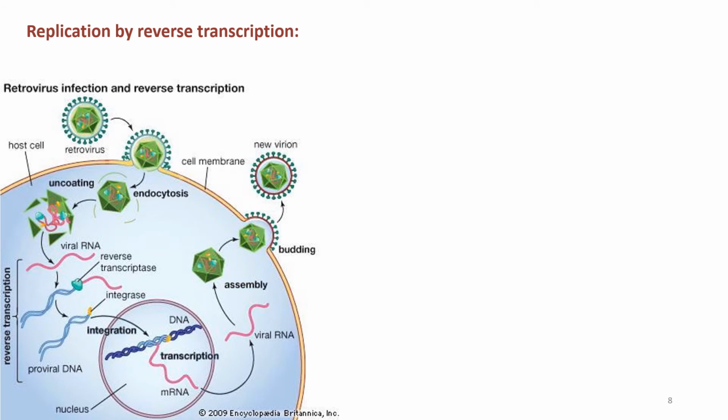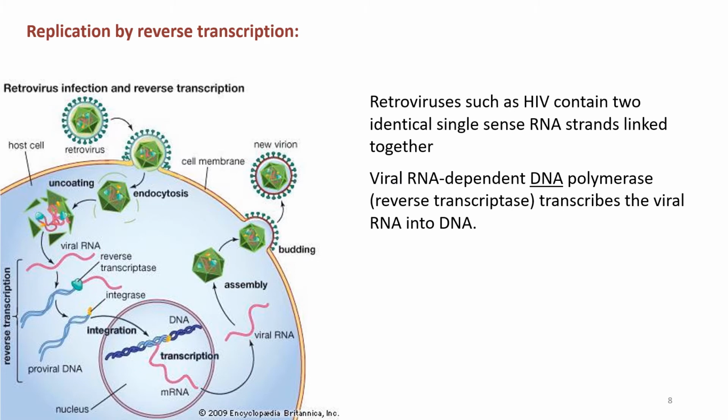Reverse transcription is worth talking about because it's how HIV replicates. It's a complex, but very sneaky process. In reverse transcription, these are called retroviruses, such as HIV. There are others available.